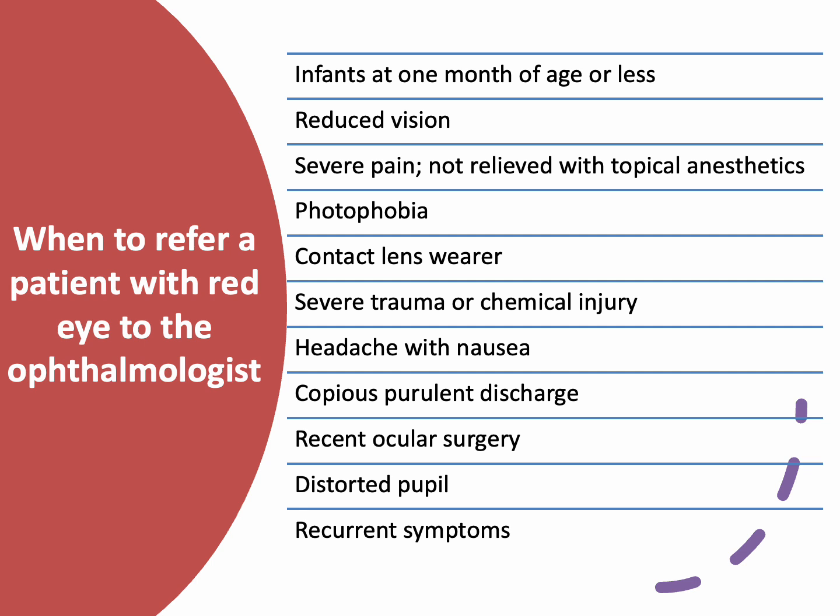This is the first line in chemical injury, so you can manage that and then refer for further management. Because the longer the chemical stays in contact with the eye, the more severe the injury.